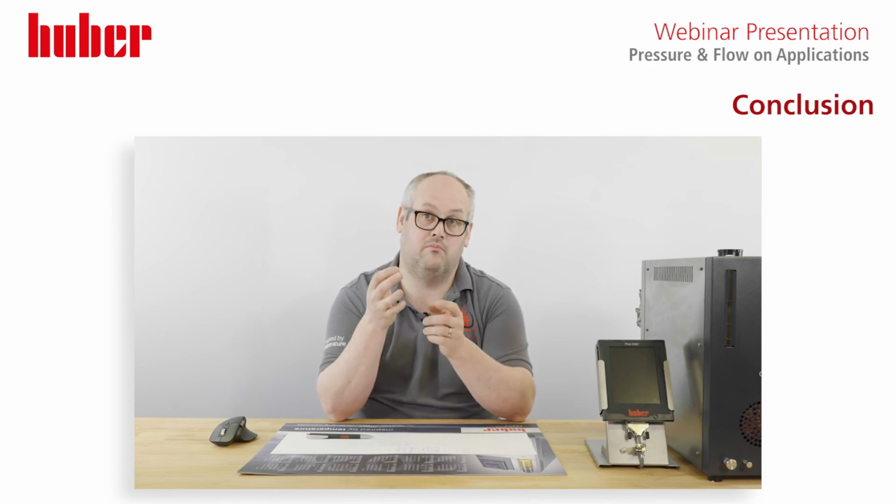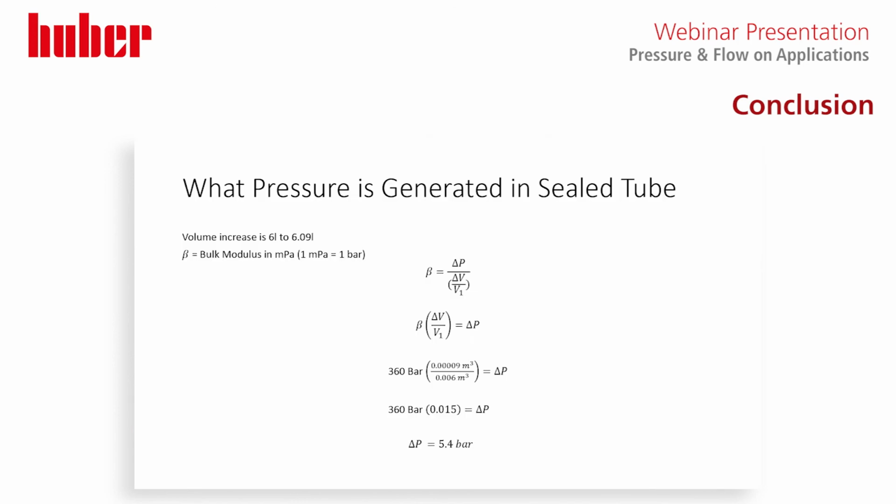If we look at the bulk modulus for our polydimethyl siloxane oils, it ranges quite a bit. So I've gone with the worst case scenario, and a lot of people give that as about 360 megapascals. If you think of a Pascal, we're looking at 1 bar, so we're looking at about 360 bar.